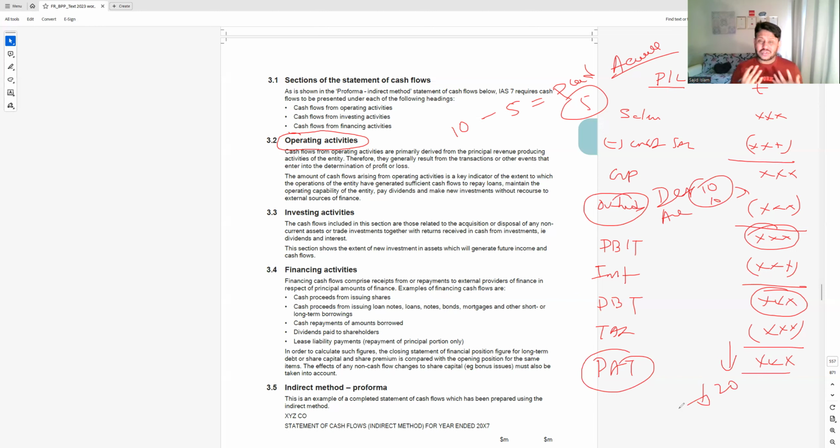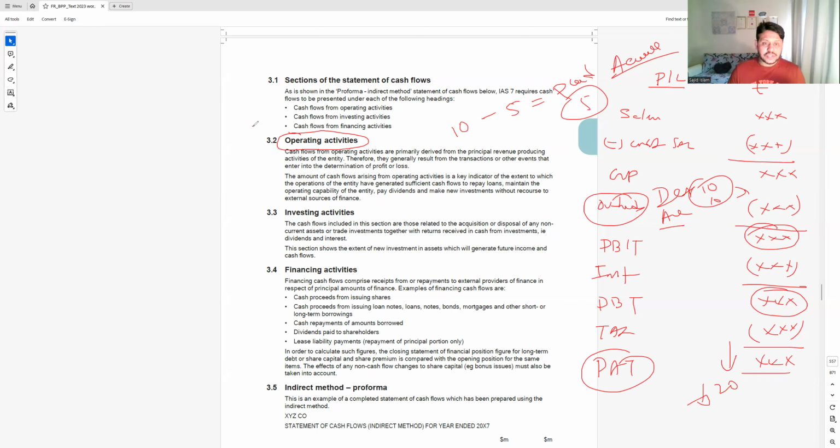But actually, because of this expense, I never paid any money from the business. So there is no actual cash going out from my bank. For that reason, this 20 I need to add back. So what I'm trying to explain is, any non-cash item where no money was paid because of the transaction, I need to add back. So depreciation or amortization, I'm going to add back.